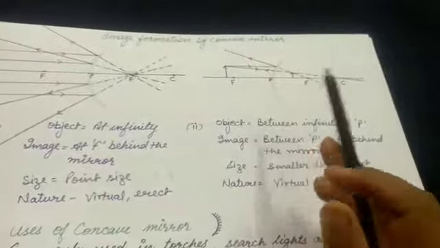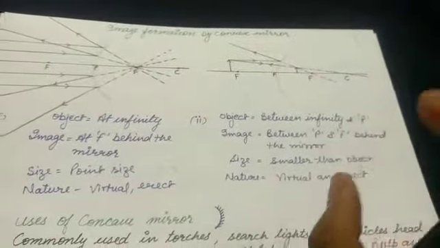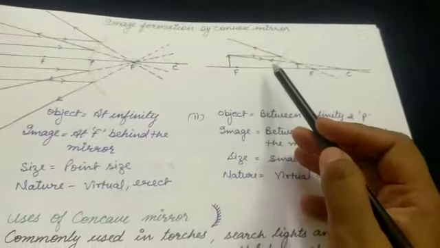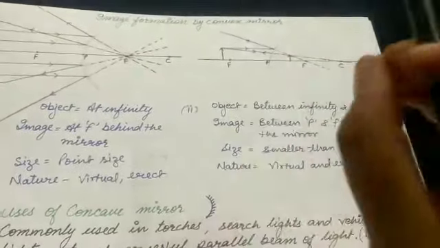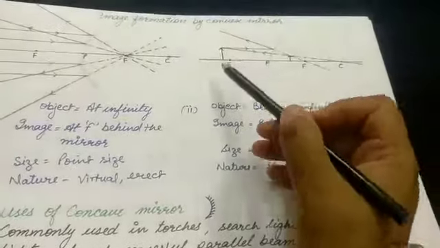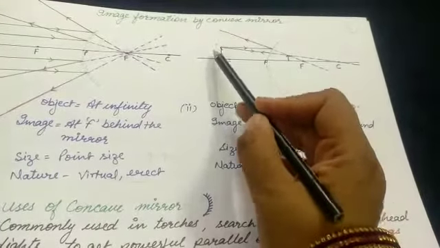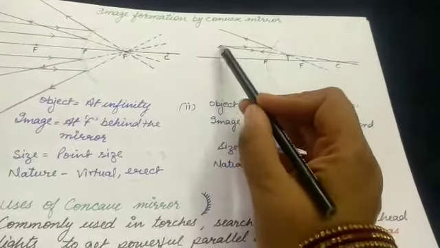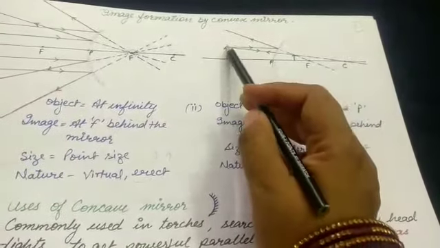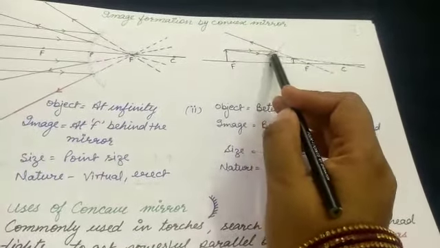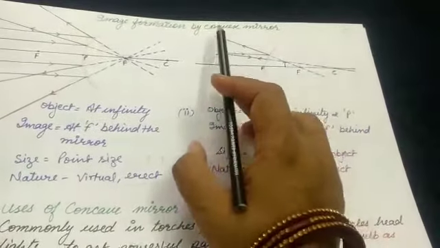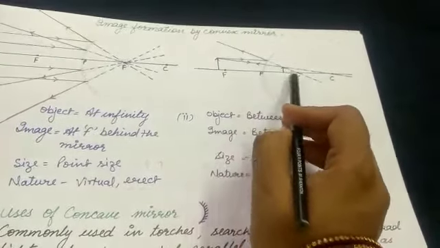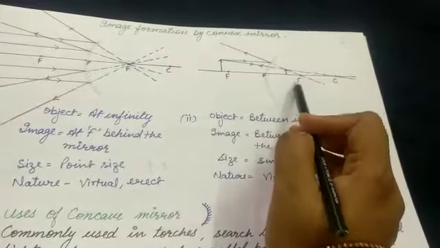And the second case, when the object is placed anywhere between infinity and pole. So we can place it anywhere, wherever you wish, the result will be the same. So suppose I have put the object here without considering the position. The first ray which is parallel to the principal axis, after reflection, this is the reflected ray, and if we grow it back, it will appear to pass through the focus.